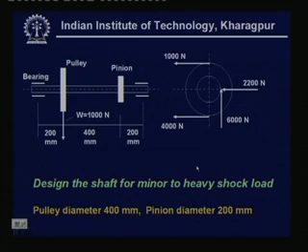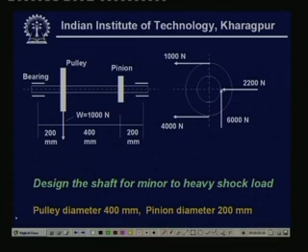Now, let us consider a simple problem. The problem is stated well if you look at this figure. A shaft is supported on two bearings. A pulley is there having a weight of 1000 Newton.